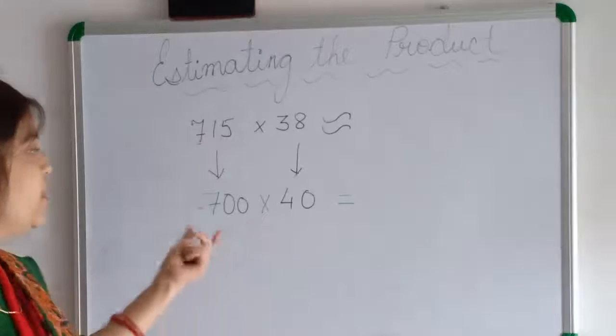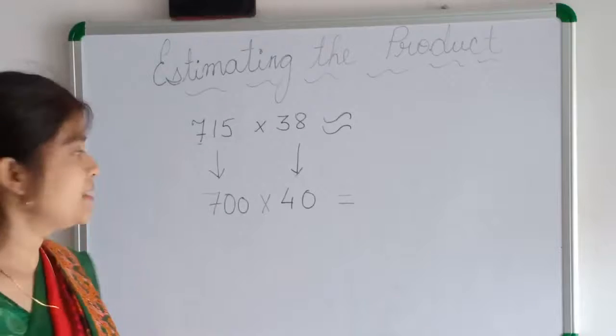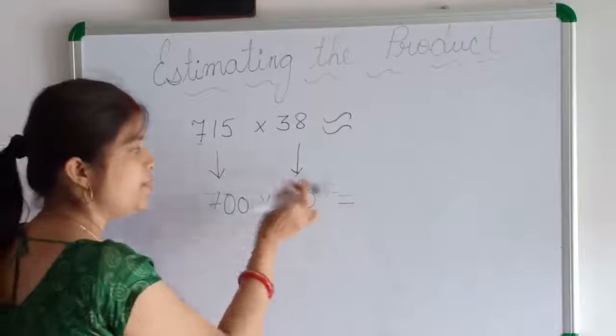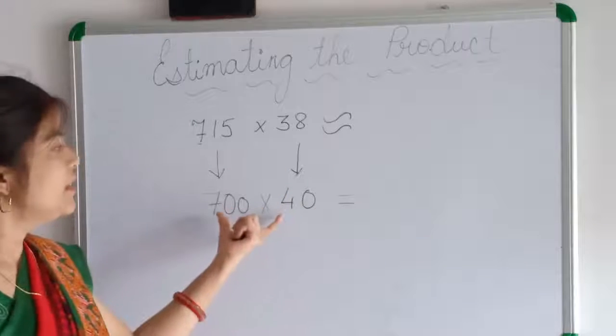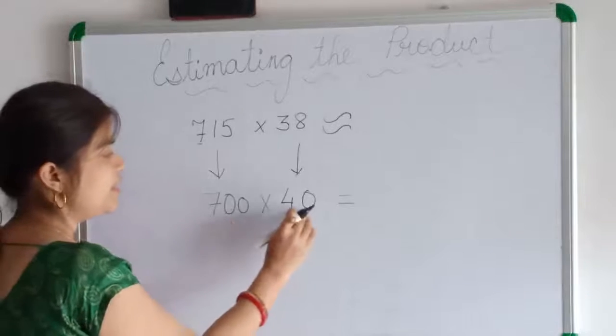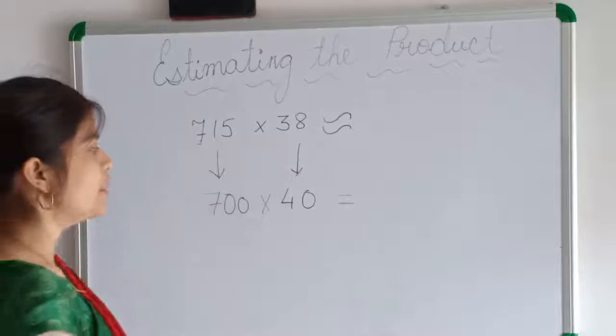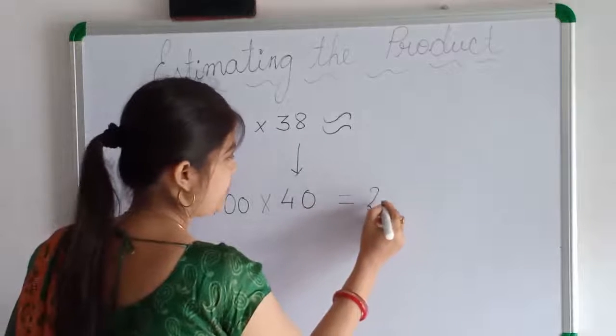Now we will find the product of these two numbers. And you are very smart. When the numbers end with 0, we multiply the digits leaving the 0. So here we will leave this 0 and this 0 and only multiply 7 and 4. 7 fours are 28.